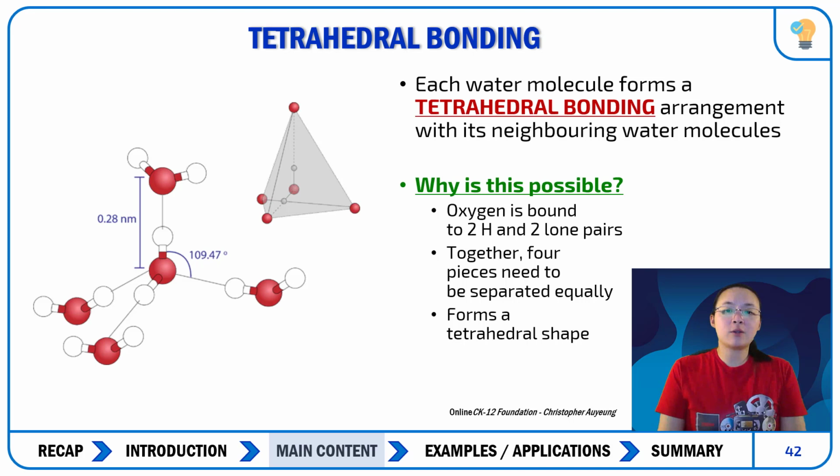Now it's time to take a look at the spatial geometry of bonding. If you remember, we took a look at spatial geometry within molecules before with the covalent bond. So remember, carbon had bonded to hydrogen 4 times.